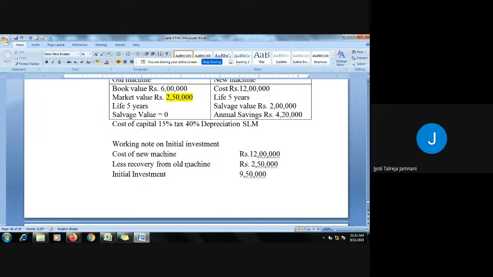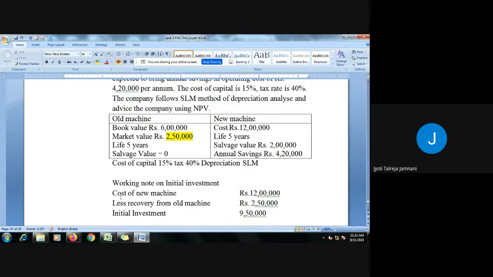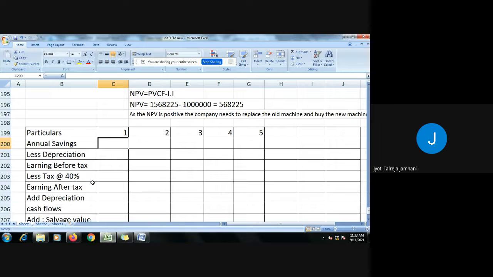So first annual savings. Annual savings is given in the question. The annual savings is 4,20,000. So that is nothing but our income or our profit, 4,20,000. We'll start with that. It is the same for all the years because annual savings means every year we will save the same amount. Less depreciation. Remember here we are going to take the additional depreciation. Okay, so additional depreciation 80,000 we found out.